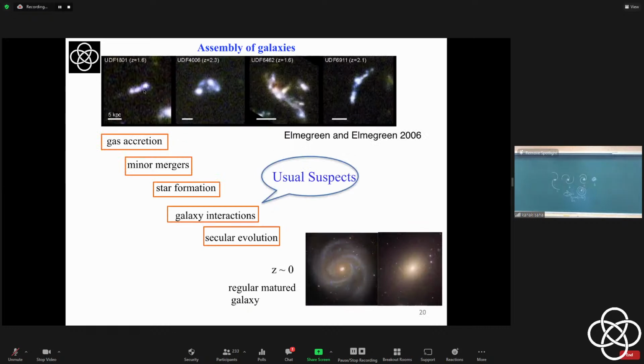If you look at these high redshift galaxies, they look clumpy and have a very irregular shape, which you cannot put into the Hubble tuning fork diagram for obvious reasons. These are the galaxies around redshift 1 to 2, and they are dominantly of this kind. Now, local galaxies look much more matured and well developed. So the question is, what shapes the galaxies from the early universe to now?